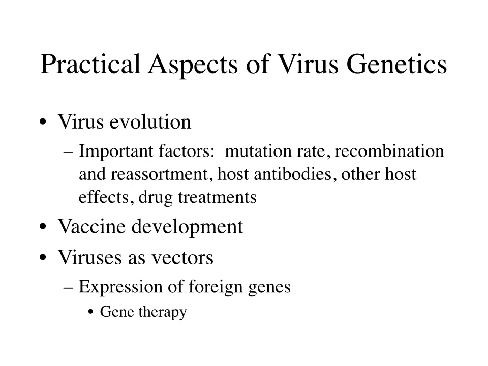Vaccine development depends on a knowledge of virus genetics, and of course is used to select for attenuated strains of virus. But lastly, I want to talk about viruses as vectors, in particular in the expression of foreign genes. Now, we did talk about using pseudoviruses as a vector, but let's look at gene therapy.